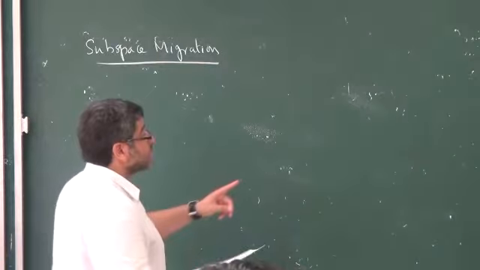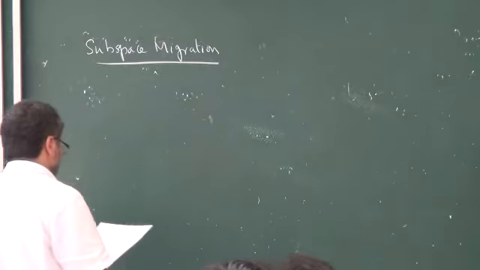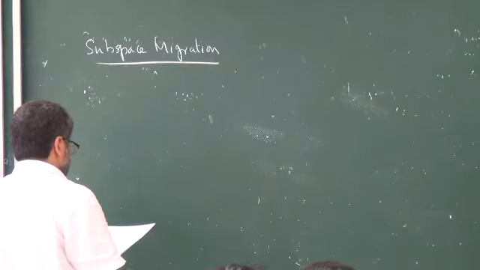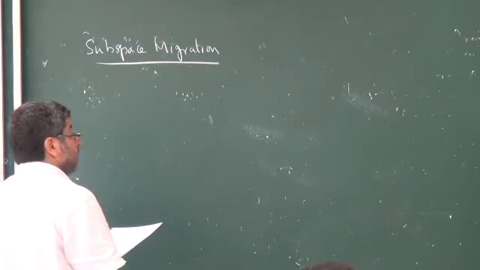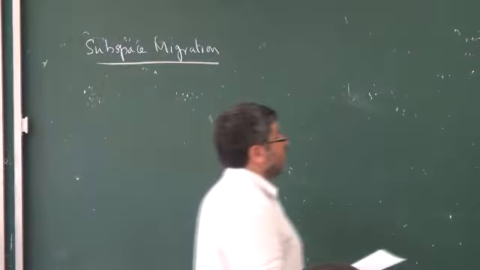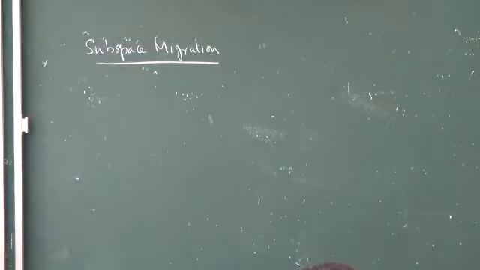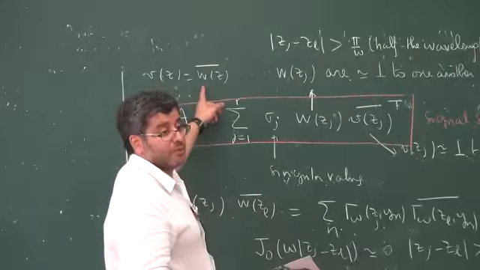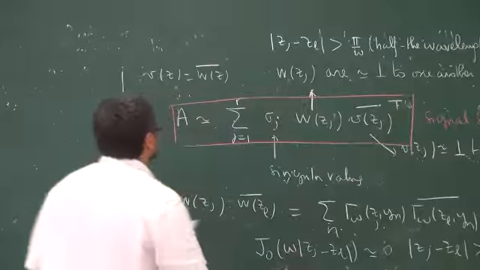So A measured is given by that. So for weighted subspace migration, I said that this V is equal to W if the array of receivers and the array of transmitters are the same, then V is nothing else than W bar. I will write it down.